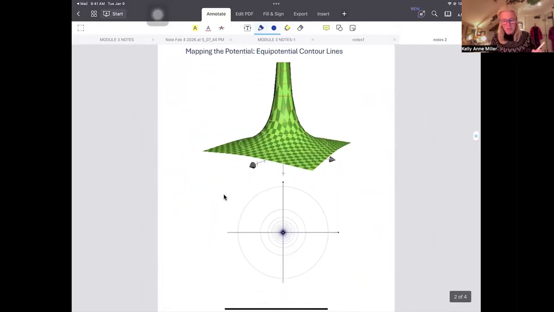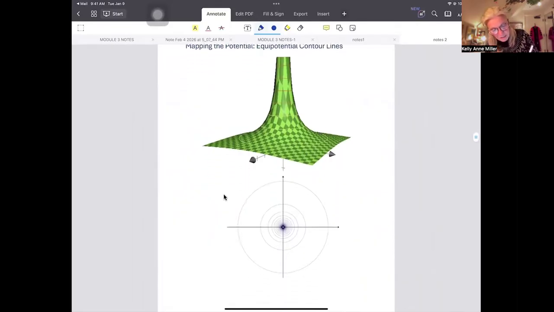The point that we're trying to make is that each of these contours, here's a contour, here's another contour, here's another contour, all of these are at set potentials. So let's say this is potential 1, this is potential 2, potential 3, potential 4, potential 5, potential 6. Each of these could be projected onto this plot, so that line there is potential 1, this would be potential 2, and so on.